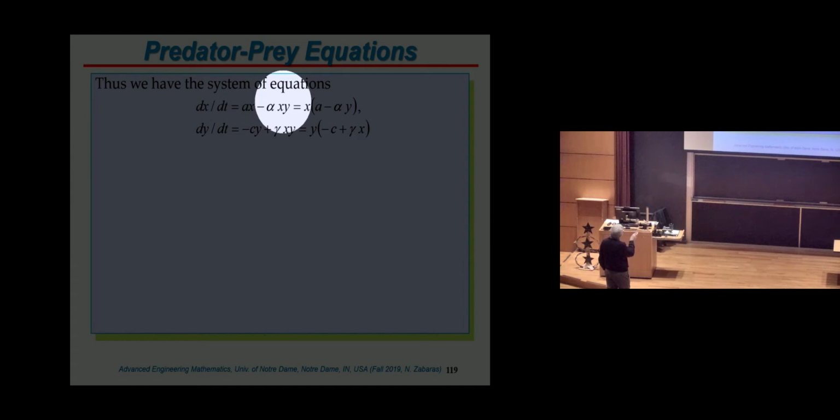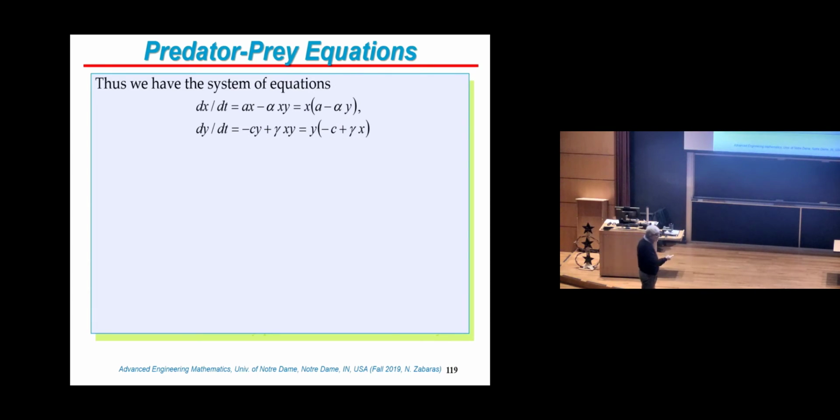Now, if the predator is around, why do I subtract something times xy? What is the idea here? Why do I have xy and not just y? Why do I say that the growth rate of the prey will be decreased proportionally to x times y? How do you understand that?